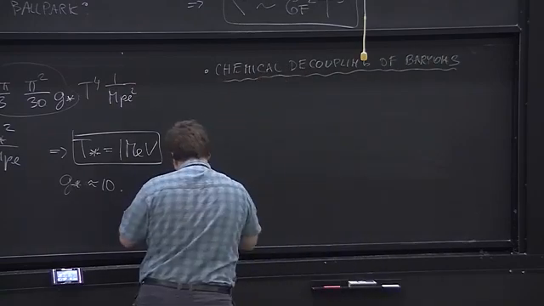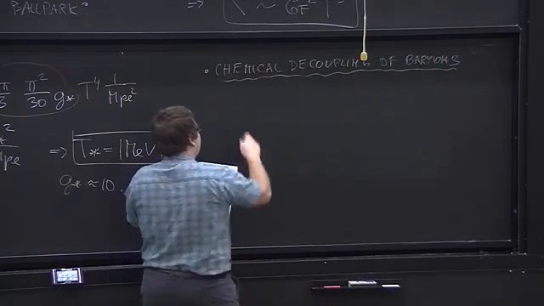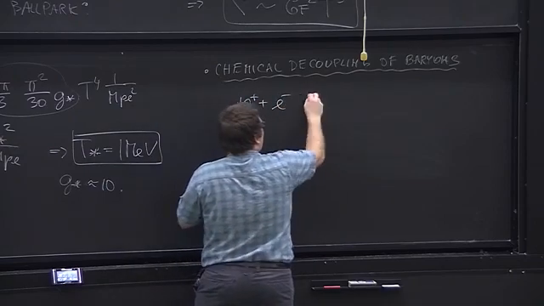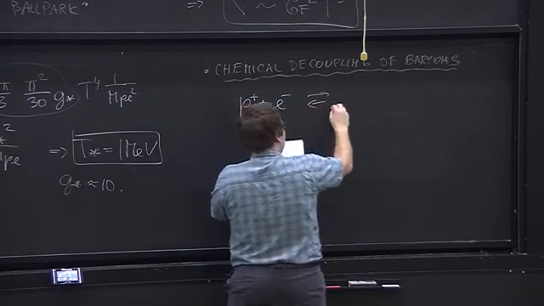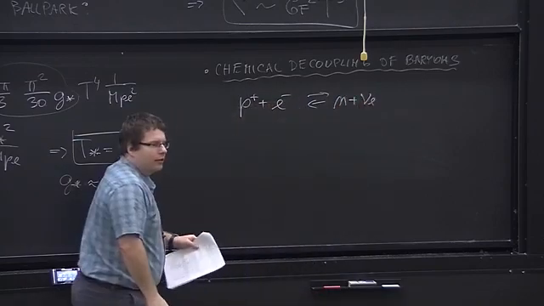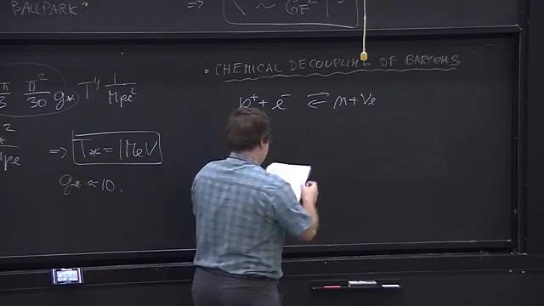You have nuclear reactions like a proton likes to eat an electron and produces a neutron. And neutrinos play a key role in these interactions.